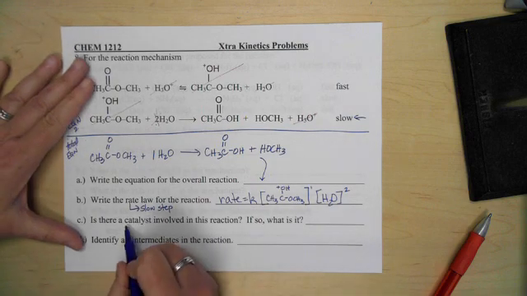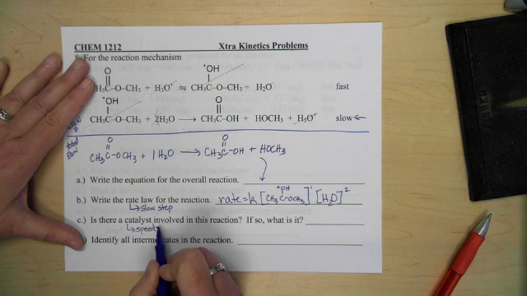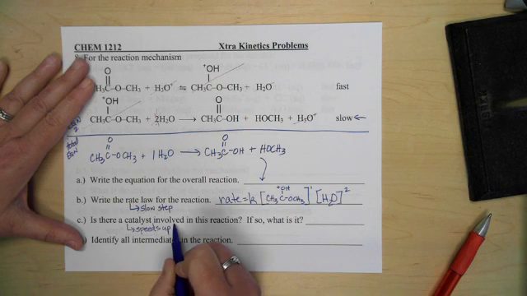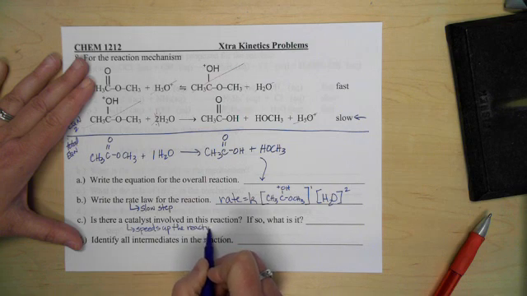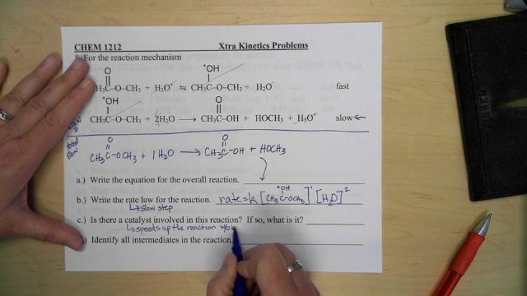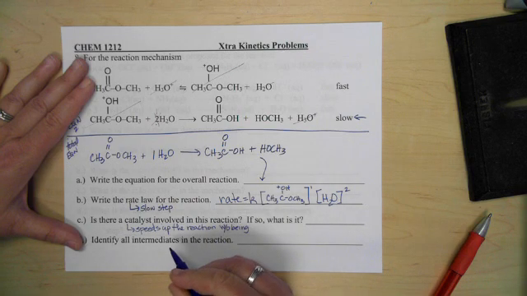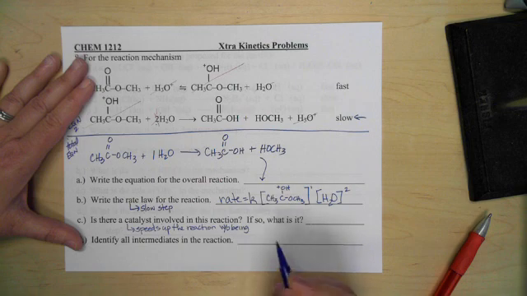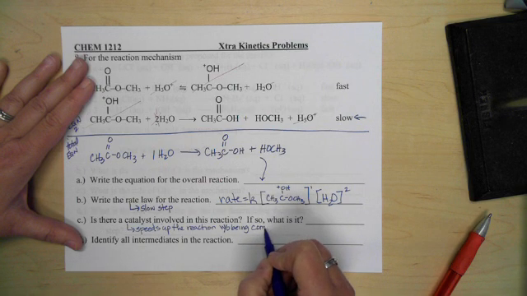Now, catalyst, remember, speeds up the reaction without being consumed. Okay? So, oftentimes what that means is that it appears in the first step as a reactant, and then is reproduced in the last step.